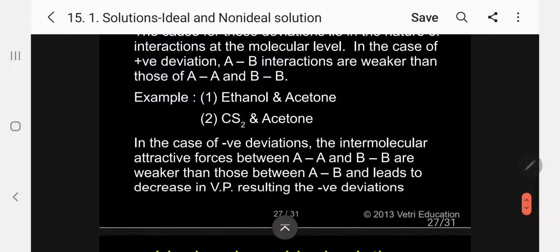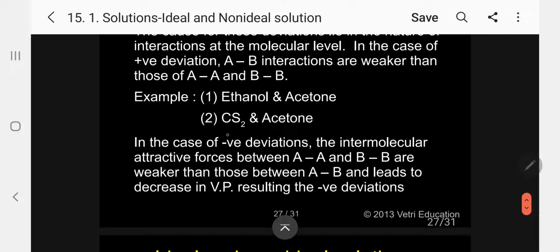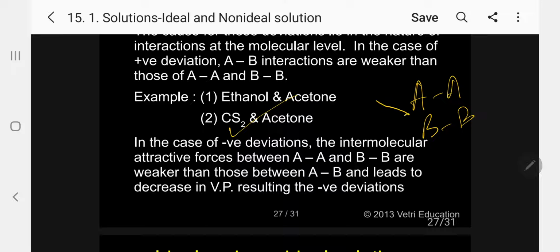Similarly, in the case of negative deviations, kindly follow, the intermolecular attractive forces between AA and between BB are weaker than AB.